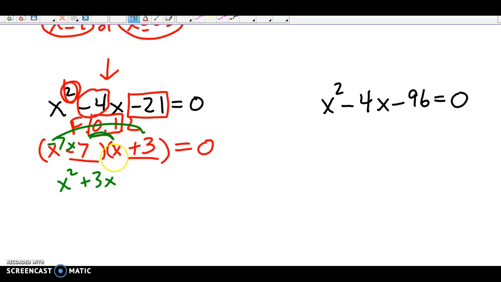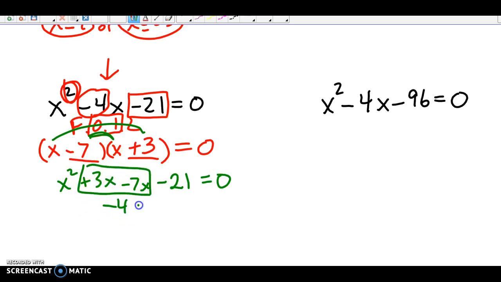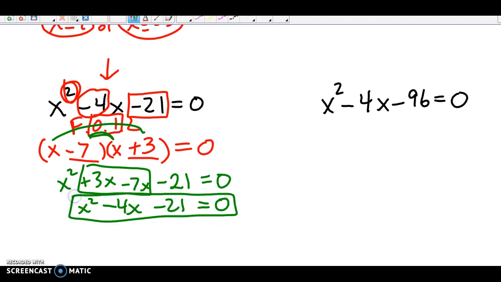And the last would be negative 7 times 3 is negative 21. And then again, that result for the O and the I combined to be negative 4x. So this indeed is the same as that.